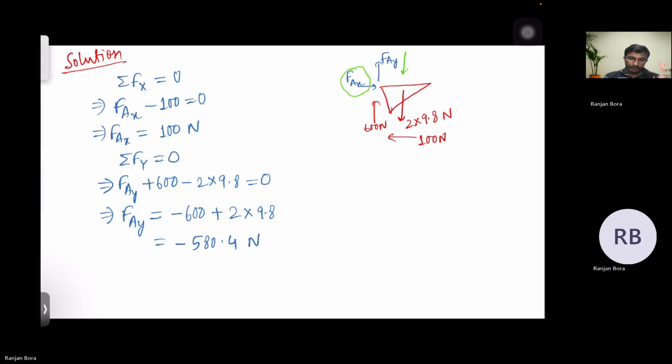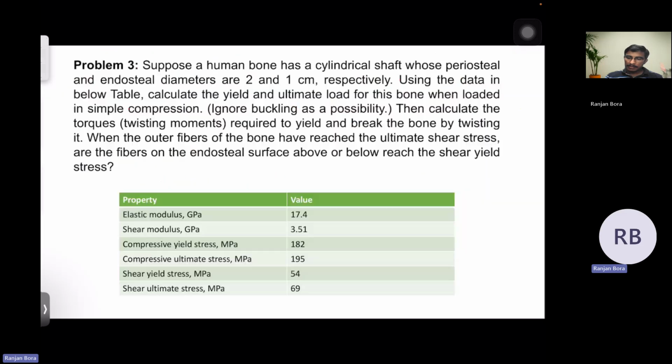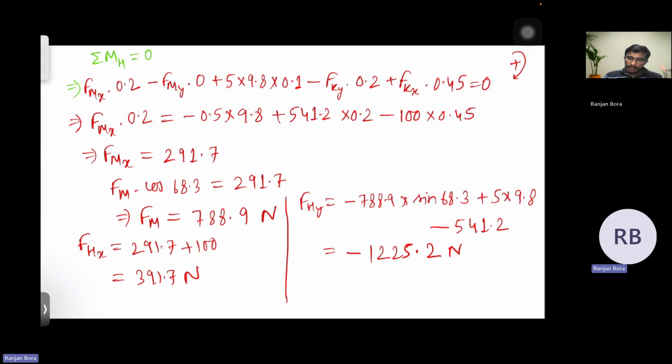The question was to determine the force at the hip joint. We have found both the X and Y components, so now we can use Fh equal to the square root of Fhx squared plus Fhy squared.